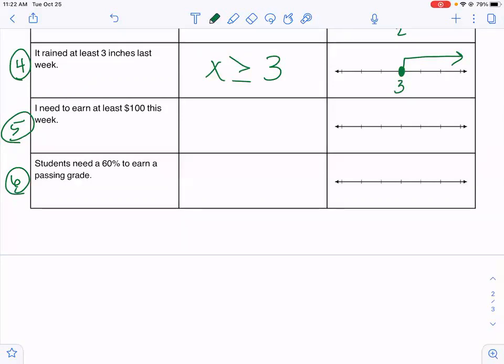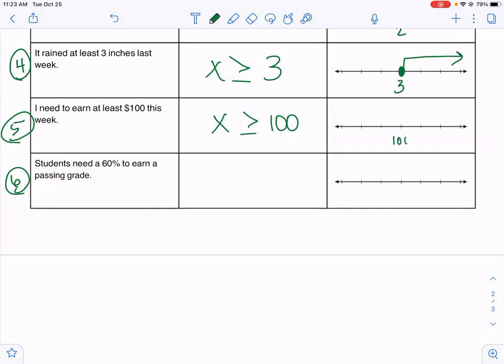All right. Eyes up here. Olivia, what did you and Grady write for number 5? Jada, do you agree?